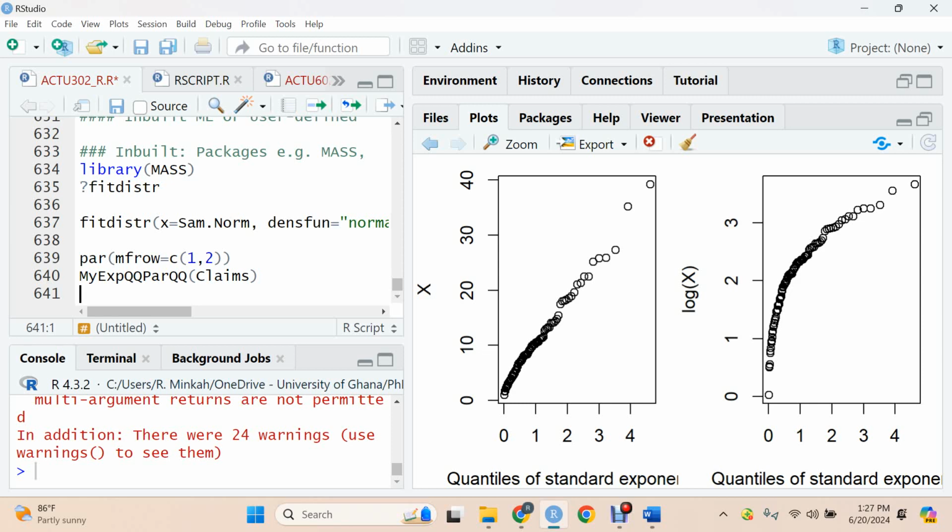But before you do that, this must be relative frequency. So the claim data you did, we simulated it from the gamma. You must fit a gamma distribution using the method of moment, and then also maximum likelihood, like we have done with fitdistr. Then collect the estimates, put them in D gamma, fit it over the histogram, and you can also get the P norm and even the quantile norm.